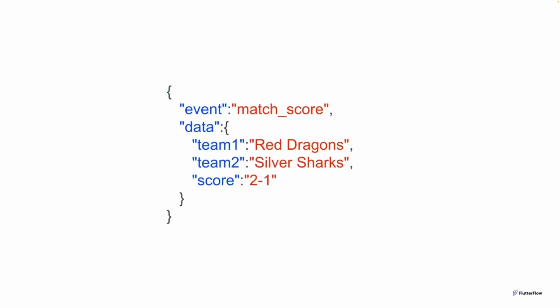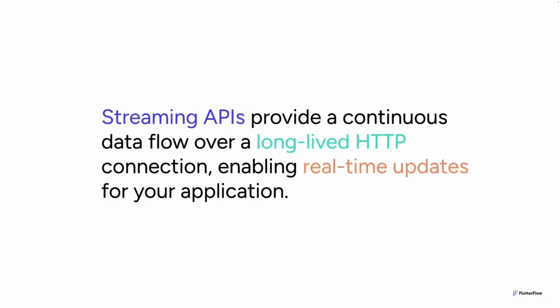The typical response of REST APIs is in JSON format, and we've learned how to parse and work with it so far. There's another type of API now too, streaming APIs. Streaming APIs provide a continuous data flow over long-lived HTTP connections, enabling real-time updates for your application.